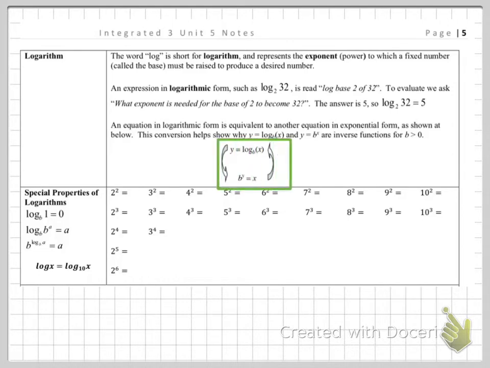So this right here, I'm going to end up writing it a lot later, and I'll write it as b to the a equals c. That's the same thing as log base b of c equals a.